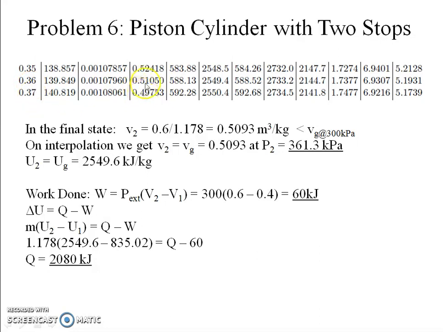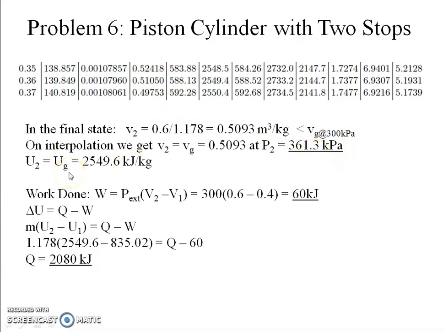So we have to do a linear interpolation between these two values and find the pressure which corresponds to a specific volume of 0.5093. That's what I have done. I have calculated the pressure value as 361.3 kilopascals. You can also do the interpolation yourself and confirm my result.